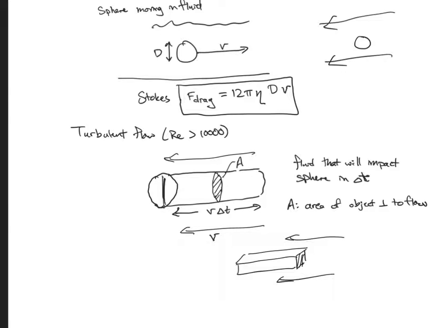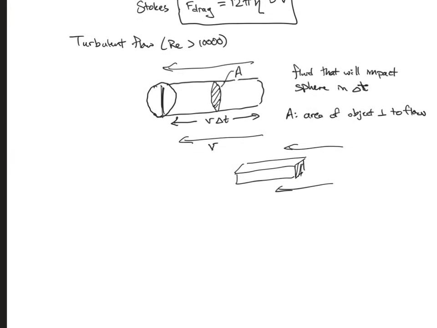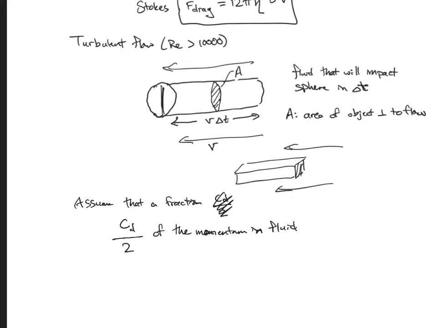And we are going to make the assumption that a fraction equal to C sub d over 2, that's not a two-letter subscript, so let me make it more obvious that that's a subscript, of the momentum in the fluid is transferred to the object.